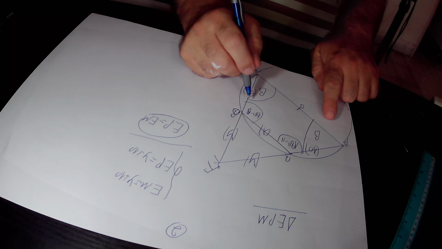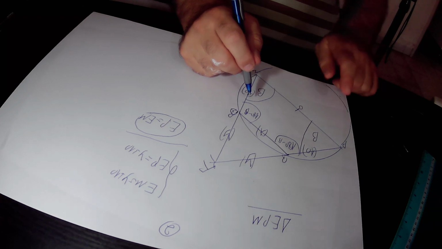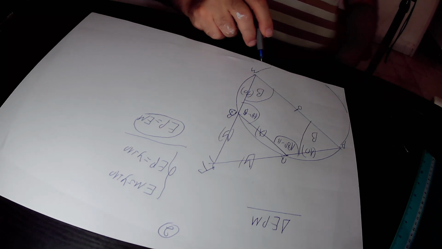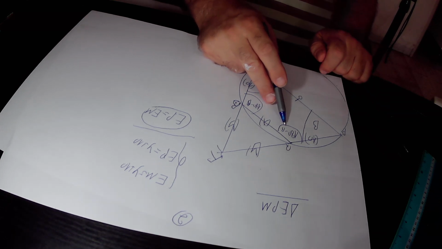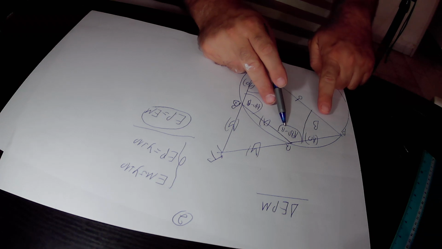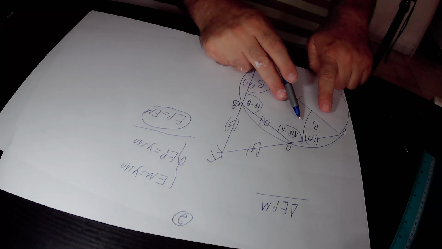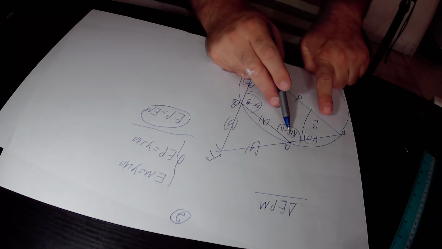So in total we found that this is angle beta and this is angle 180 degrees minus beta. The sum of those two angles is 180 degrees.